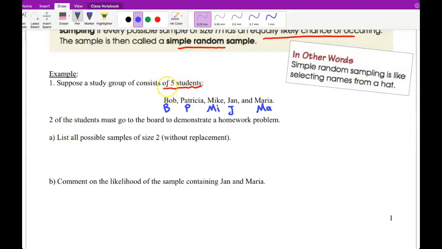We can say that is our population, because in total we have 5 students, and we're going to select 2 of these students as a sample to go to the board and demonstrate the homework problem.